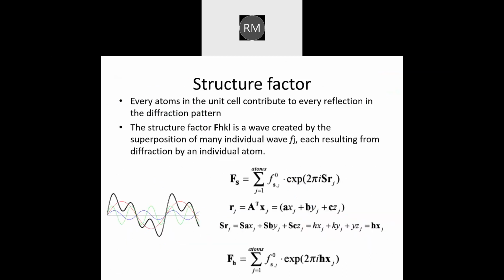So what is this scattering factor? As I told you, the structure factor comes from each atom having an atomic scattering factor depending on their positions and the intensities of electrons. What is the structure factor?